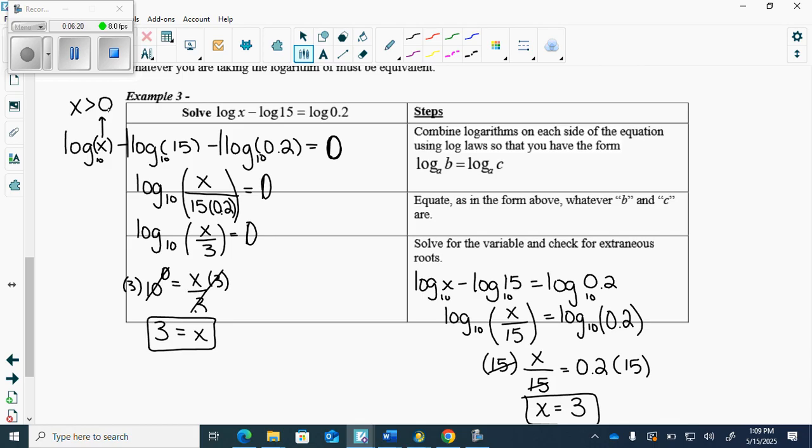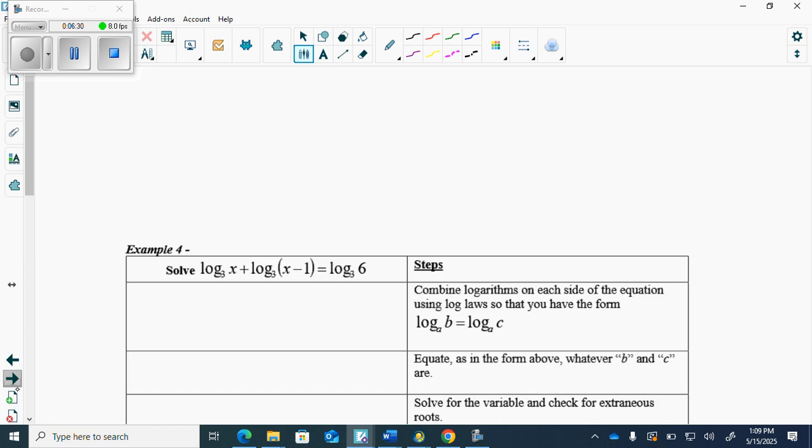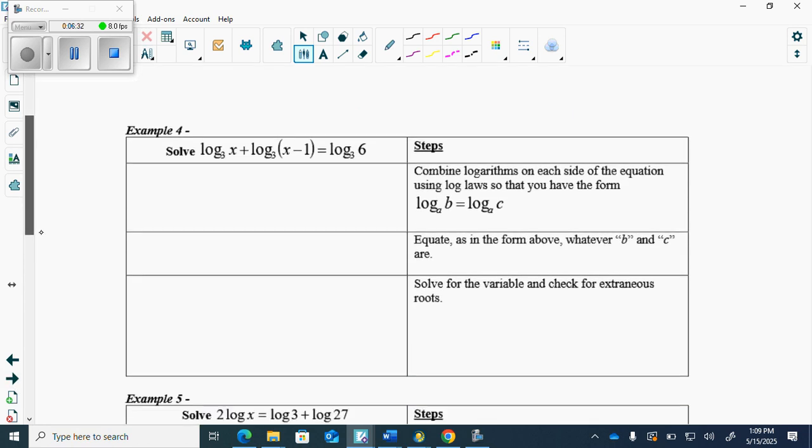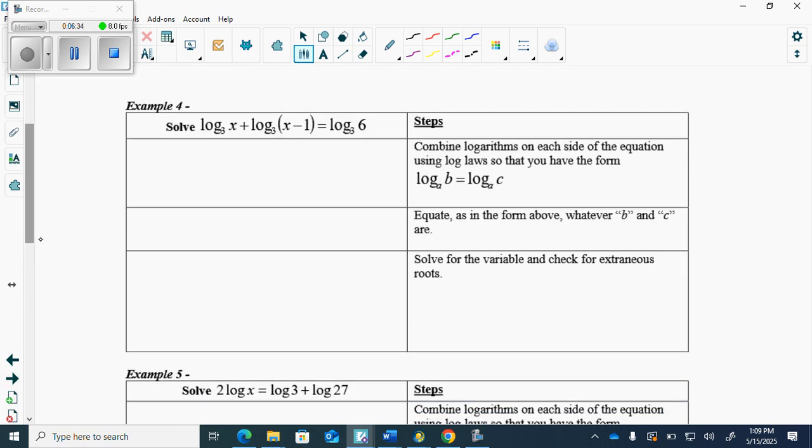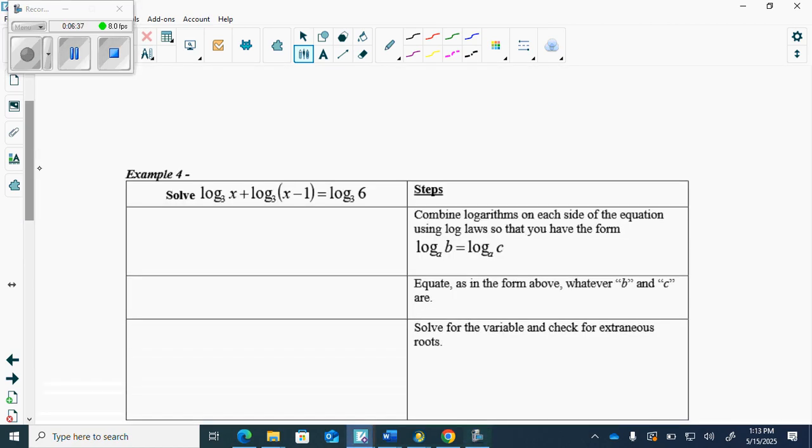All right, next page. You try this one out. They're all logs, so we're going to first state the restrictions.